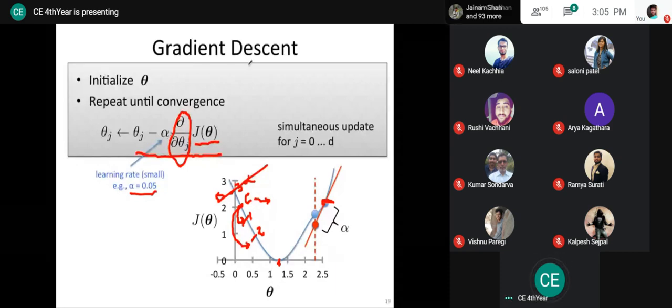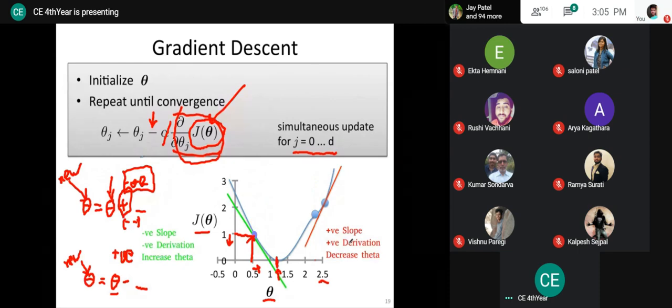And the same thing is mentioned over here too. From the current point towards the next point, the difference is decided by this alpha. We have discussed the positive and negative slope, and based on the positive and negative derivative, we increase or decrease the theta value.